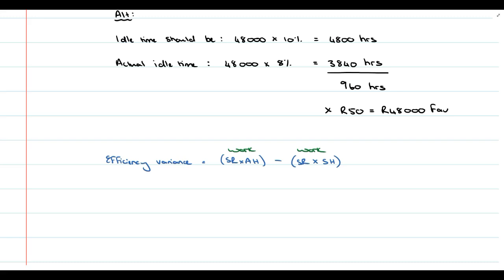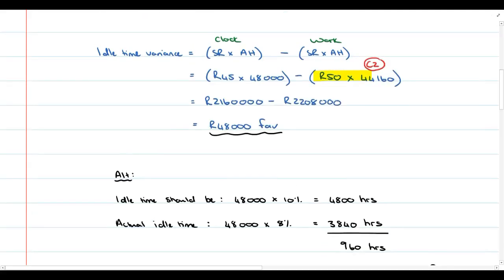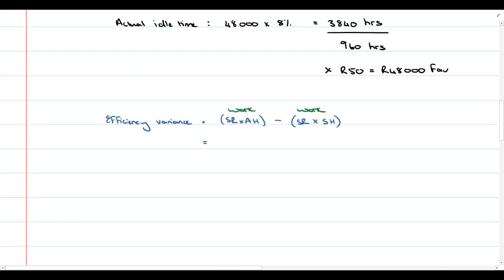All right, and once again, to save time, remember this variance starts where the last variance ended, so you can just bring this down. So the standard rate per work hour is 50 Rand. We then need to calculate the standard hours, and those standard hours must be flexed to actual production.